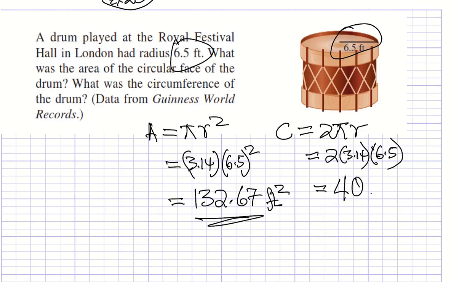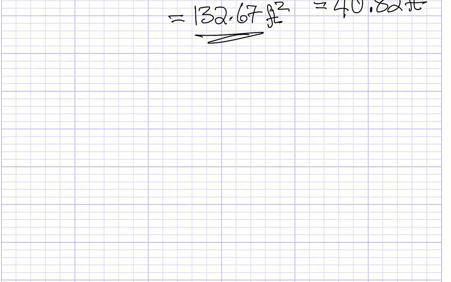That's 40.82. What is that? Feet. Circumference is in feet, 40.82. So we're done with that one. Leave it like that. That's the last.